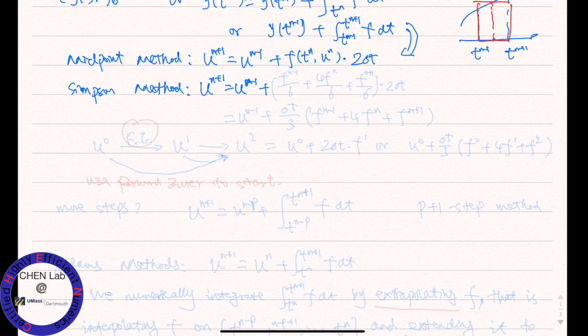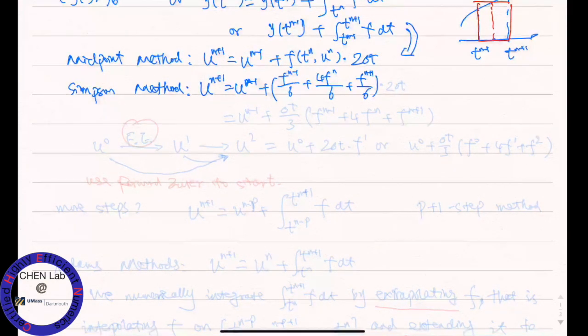We have t_{n-1}, and then t_n and t_{n+1}. What's the weight again? 1/6, 4/6, 1/6. So we are getting 1 f_{n-1}, where by f_{n-1} I mean you plug in t_{n-1}, u_{n-1}. I'm going to use a shortened name. And then you have 4 f_n plus 1 f_{n+1}.